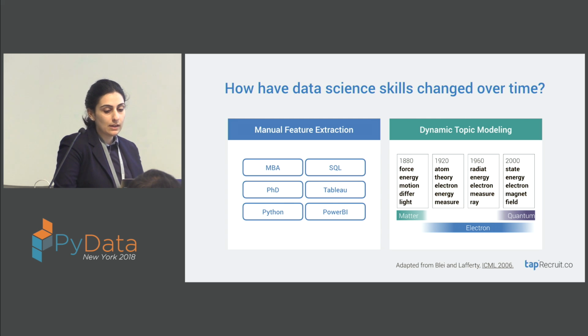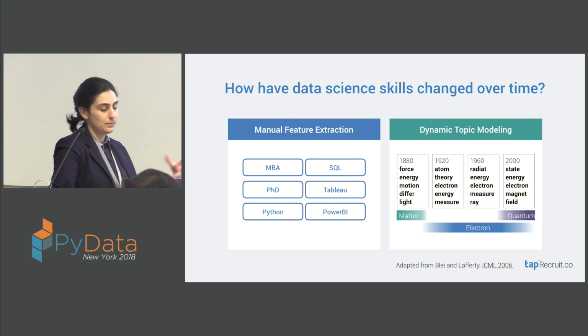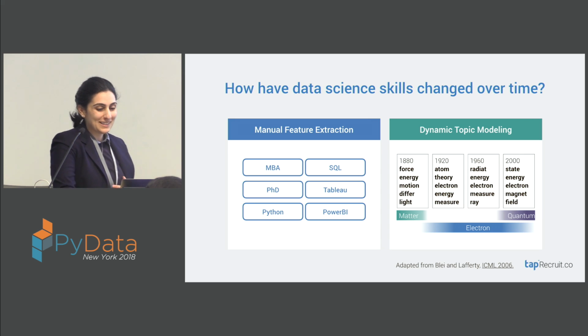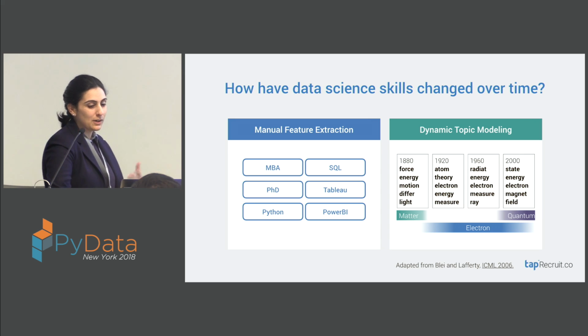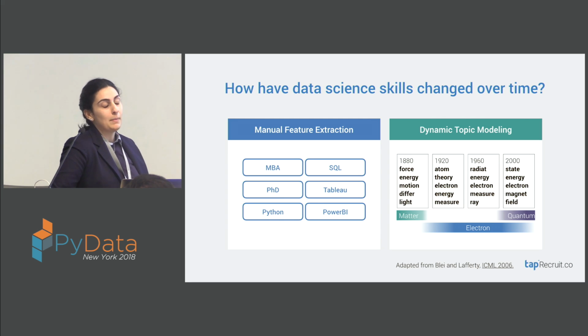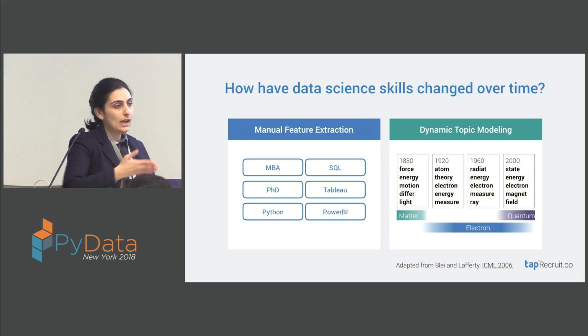And what you can see here, and David, the person who's our own personal hero at TapRecruit, was one of the first people that came up with this dynamic topic modeling. And you can see some examples of, I think these were science articles from the magazine Science on physics or atomic physics. And essentially across time, we've seen changes in the words.